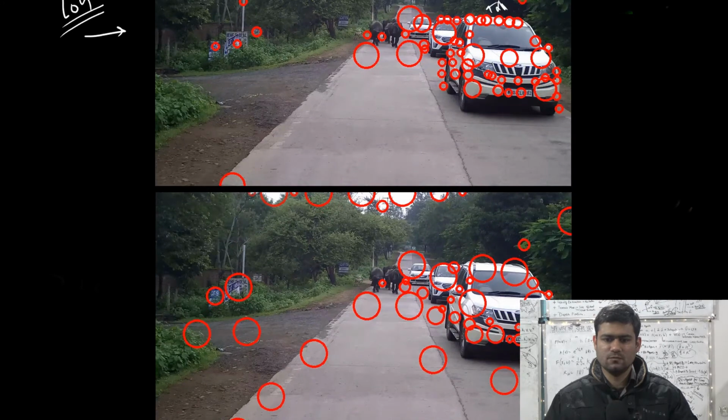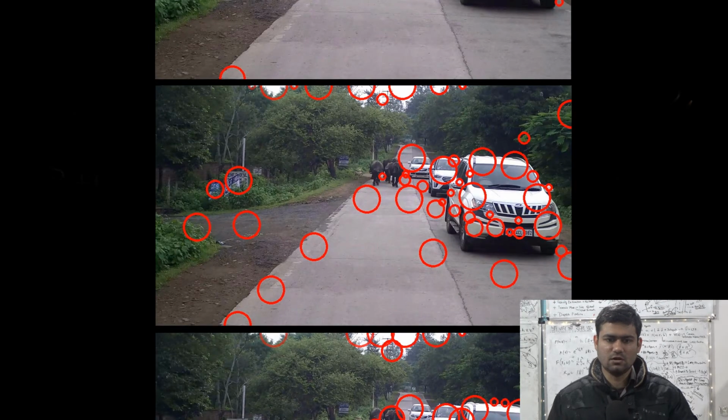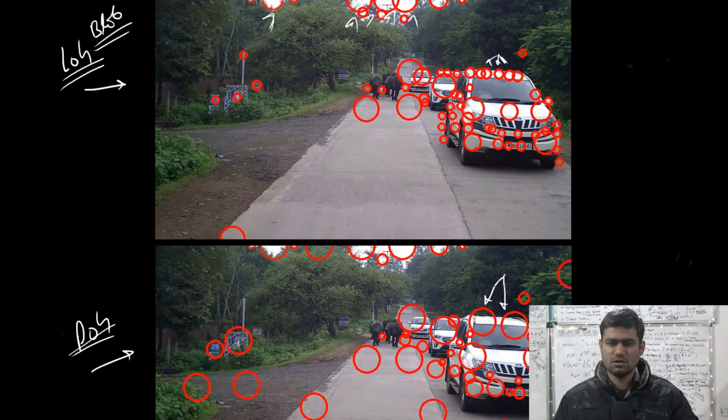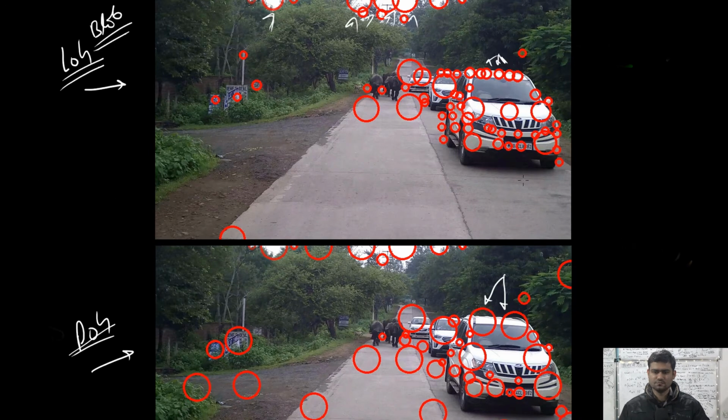Furthermore, here is the output of difference of Gaussian. As you can see, for the same parameter values, the response of DoG was better as compared to that of LoG, where it generated too many responses on top of the vehicle.